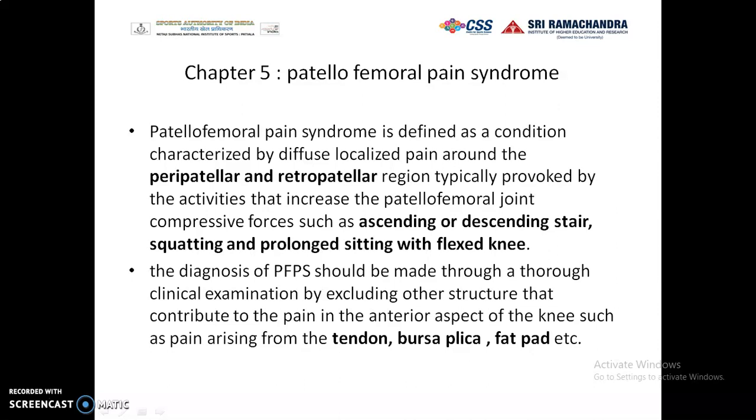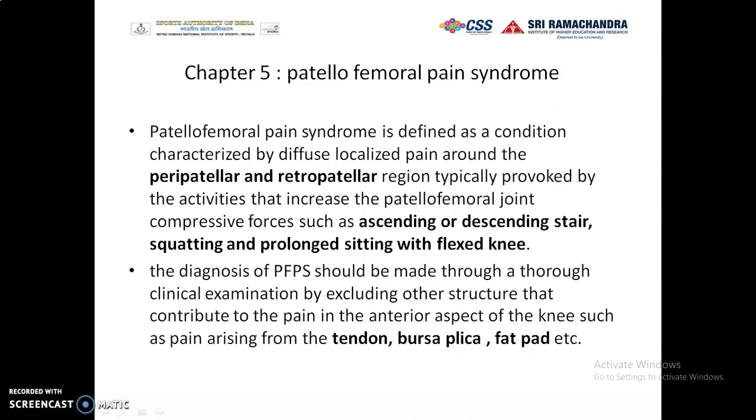And there is no consensus on optimal management, since the source of pain may be various or different structures. Yes, as we saw in the very first slide. We cannot say that there is no specific cause for the pain.